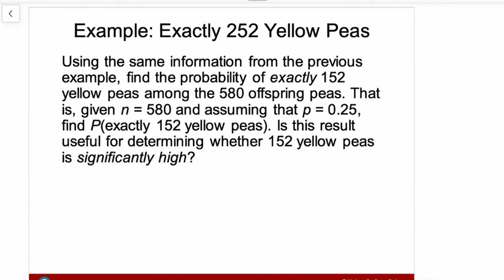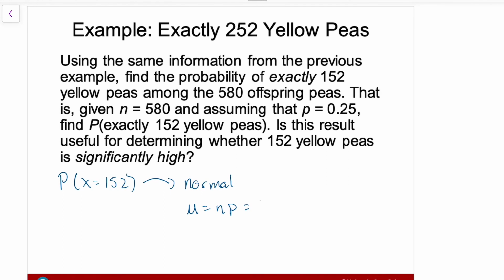Okay, let's compute that. Let's find the probability of getting exactly 152 yellow peas. This is the binomial probability, and I want to convert this to the normal probability. So I need my mean, again, which is np, which we've computed in this example before. It's 145.